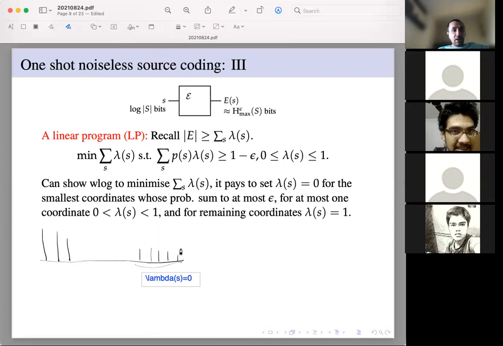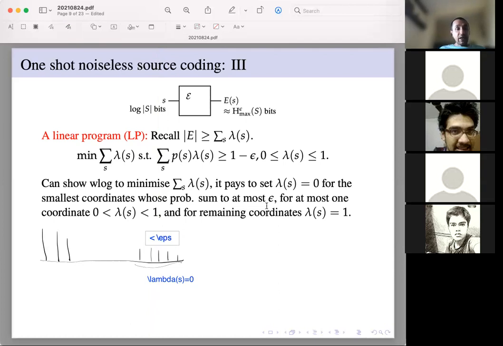That should be less than epsilon. So let me also write that. So this is less than epsilon, these guys.